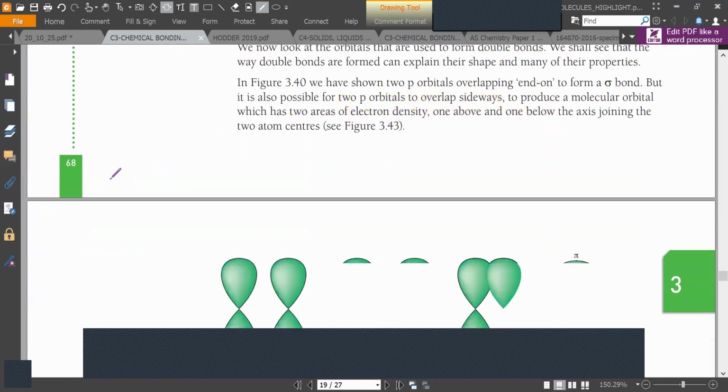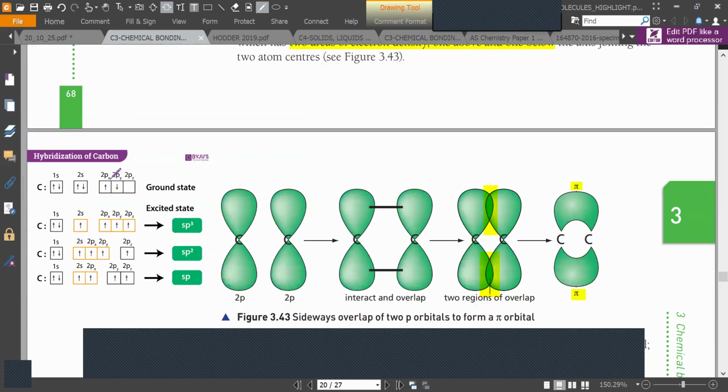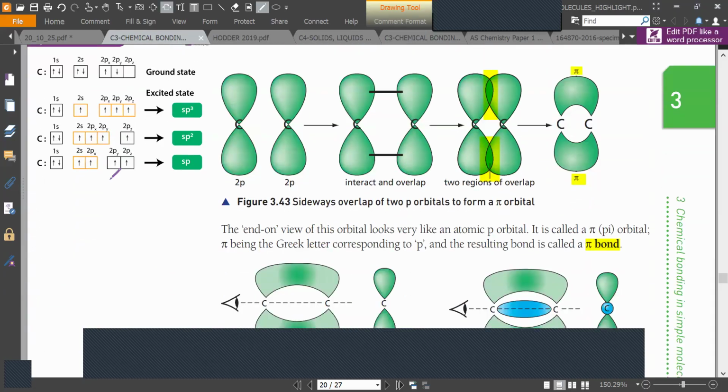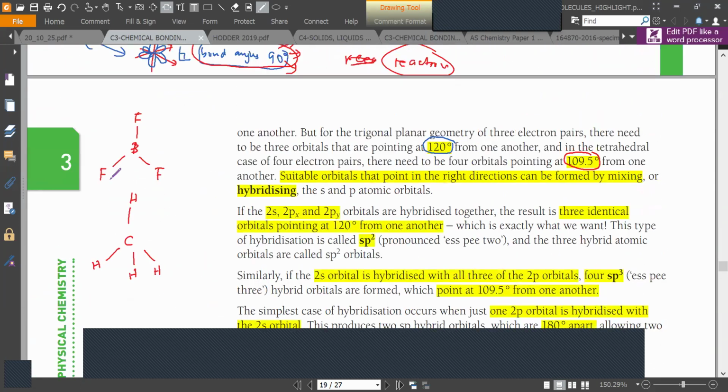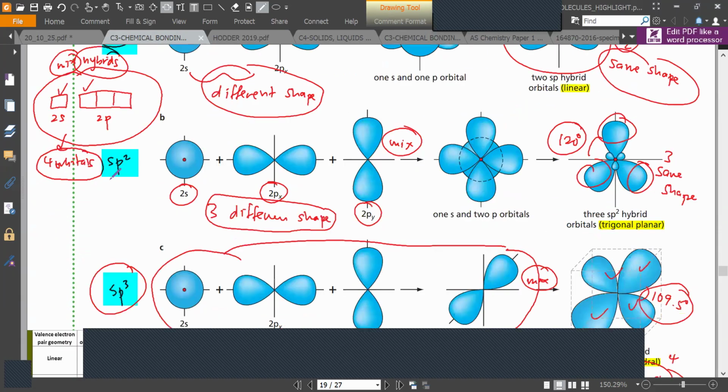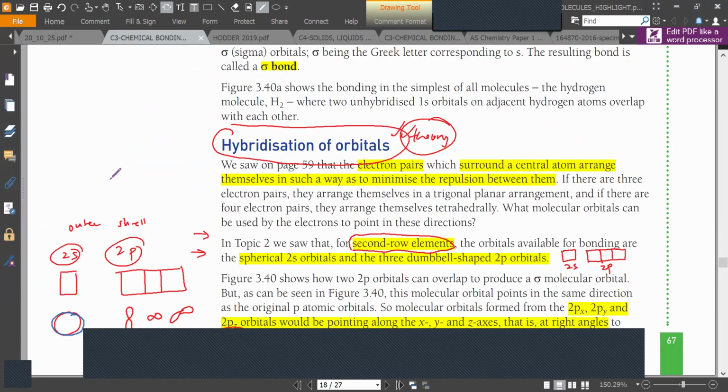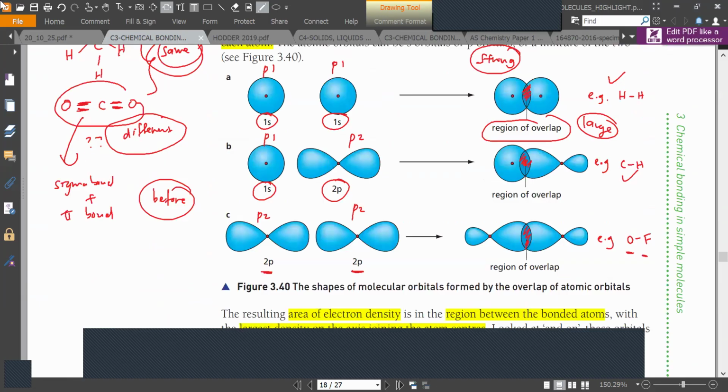This pi bond is formed when we have sideway overlap. So what happened? We have this situation here.